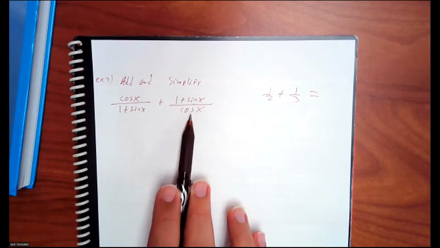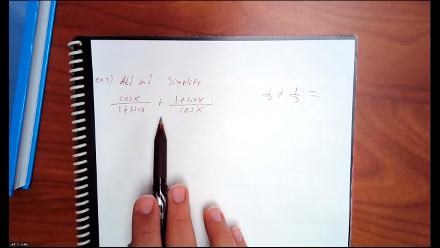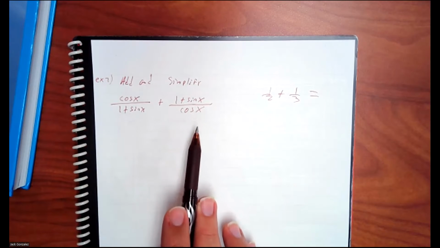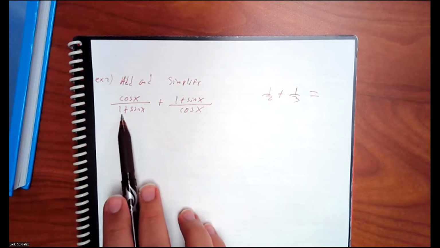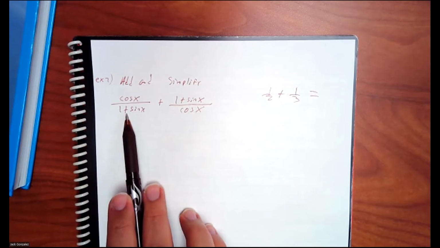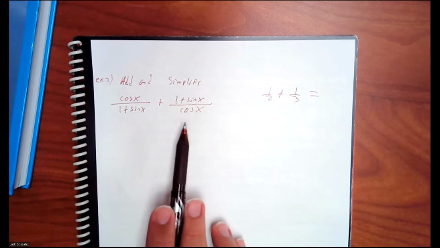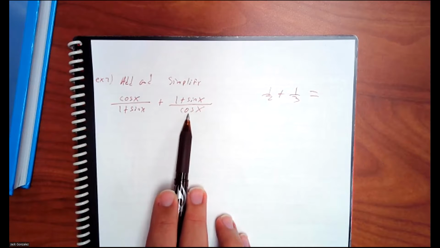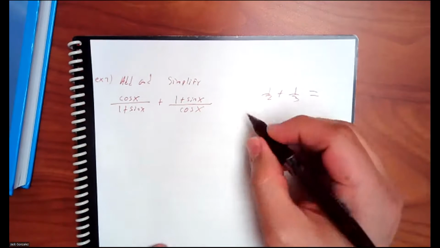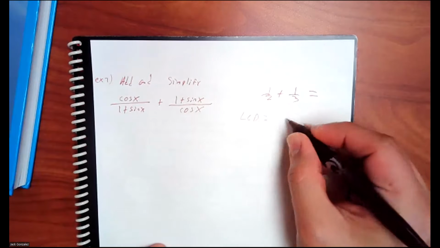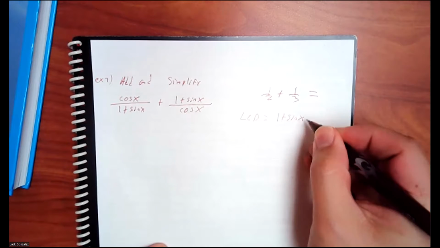Whenever they're prime, the common denominator will always be the product of the 2 denominators. You can't factor this, right? Do you see anything in common with 1 plus sine? If you can't factor, then it is prime. Cosine is a single term. You can't factor anything out. So it's prime. So since they are prime, the LCD will be this product.